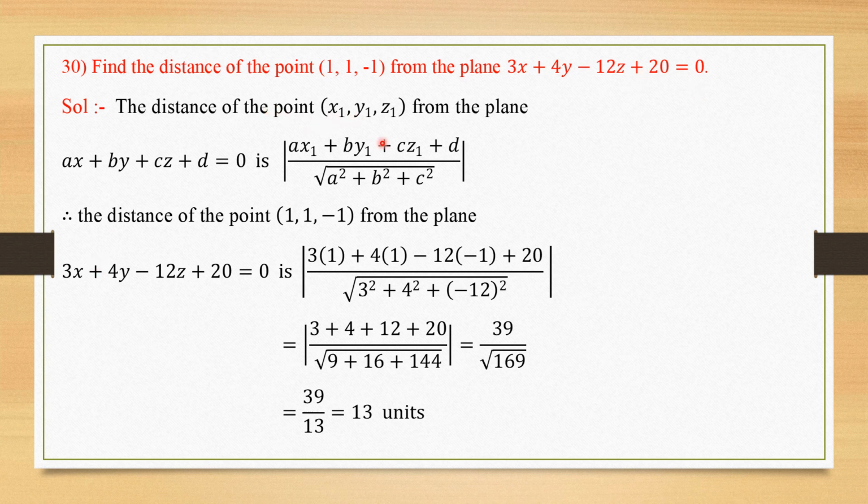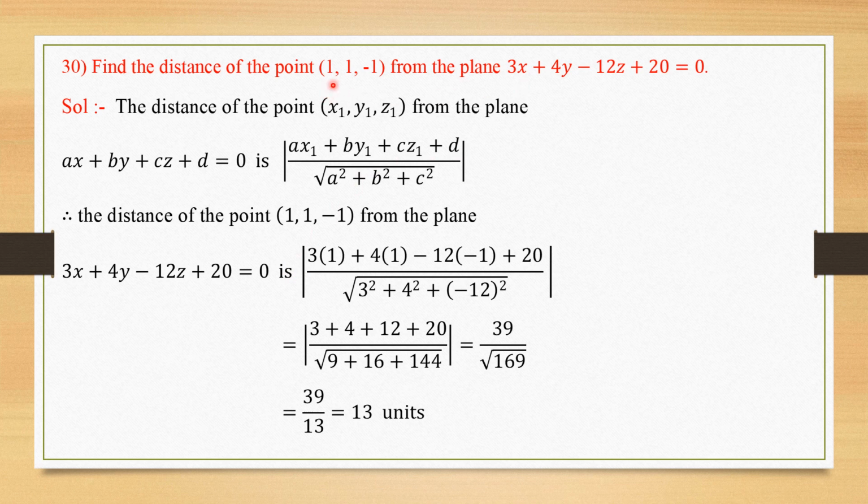The distance of the point x1, y1, z1 from the plane ax plus by plus cz plus d equal to 0 is the magnitude of ax1 plus by1 plus cz1 plus d divided by root of a square plus b square plus c square. Therefore, the distance of the point 1, 1, minus 1 from the plane 3x plus 4y minus 12z plus 20 equal to 0 is mod of, here is the equation of the plane.